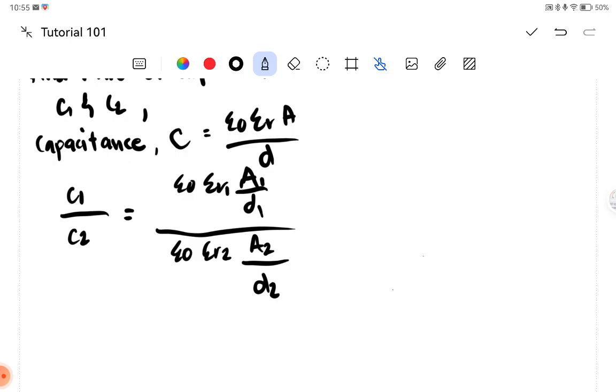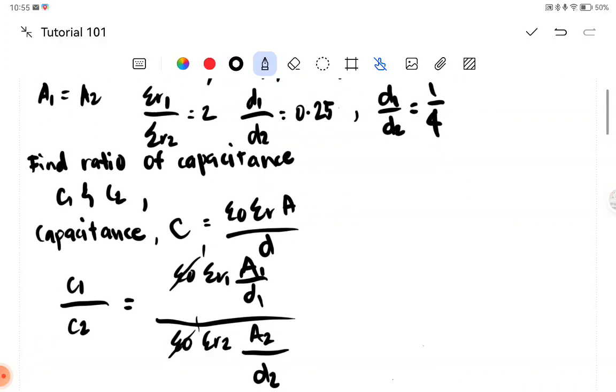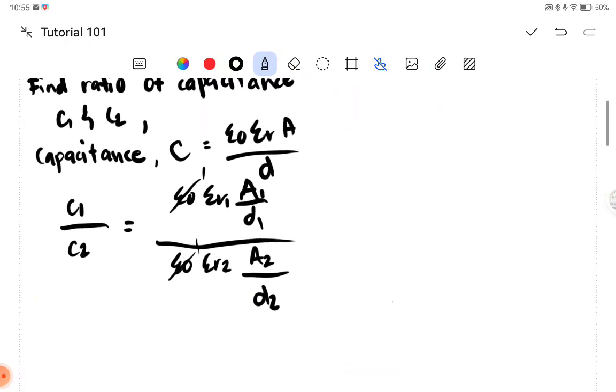Since we have equal values for our EO, this should be just equivalent to 1. So we can just not write it anymore. Also, it says that A1 is equivalent to A2. Therefore, if we divide these, the answer will be just equivalent to 1. Therefore, we can just simply not write it.